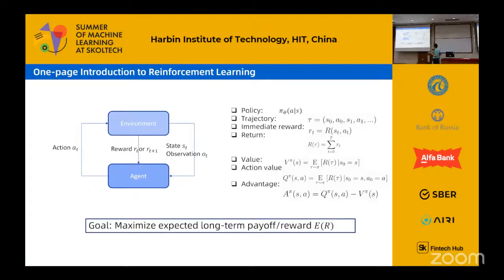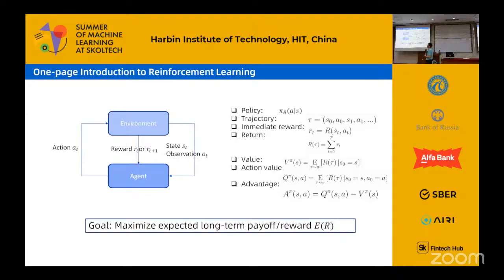At each step, after observing the state, the agent takes some action A_t and receives some reward from the environment, usually indicated by R_t or R_{t+1}, depending on how you count the time step. Then the environment transits to the next state S_{t+1}, and so on and so forth.